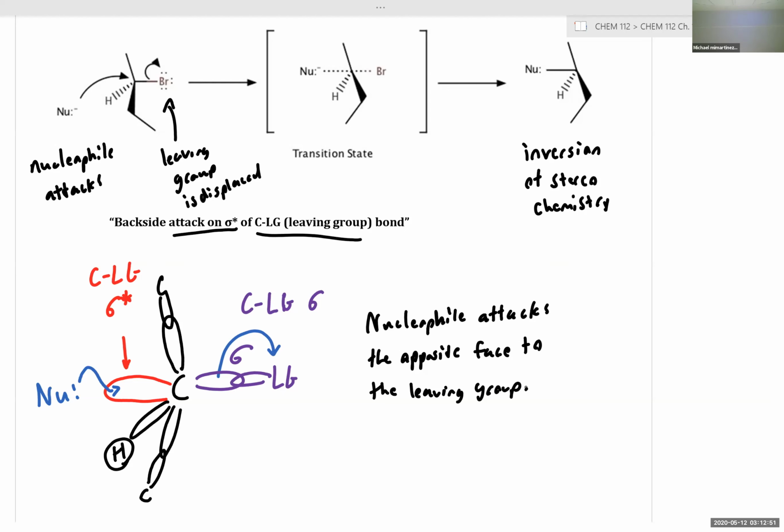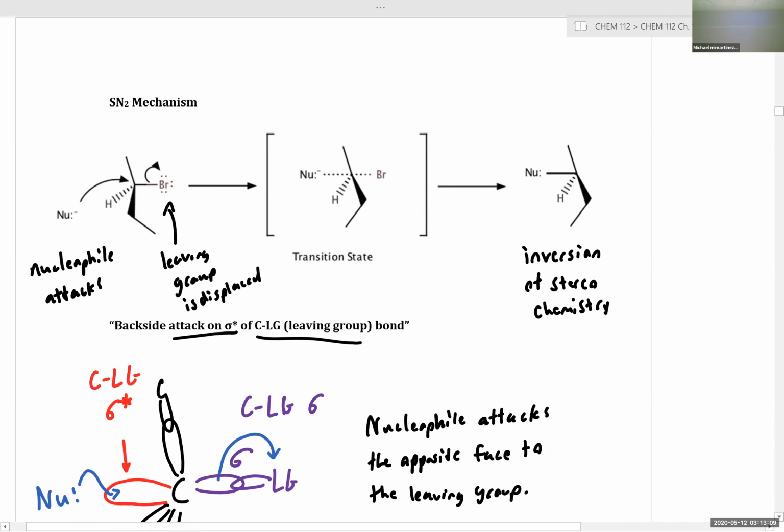So the nucleophile's approach is constrained by the location of the sigma star orbital. The nucleophile will always attack opposite to your leaving group in an SN2 reaction. This is a concerted process, so this occurs in a single concerted step. That's why our rate depends on the concentration of our nucleophile and our substrate.